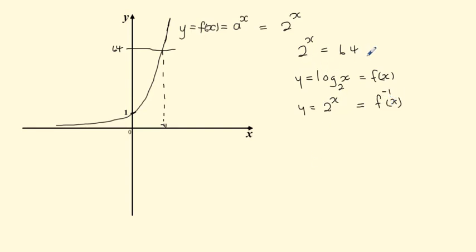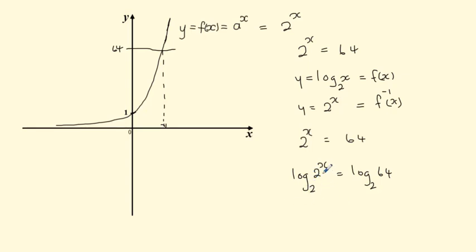Now starting from 2 to the power x equals 64, if we want x, we can simply apply the inverse function and end up with log base 2 of 2 to the power x equals log base 2 of 64.